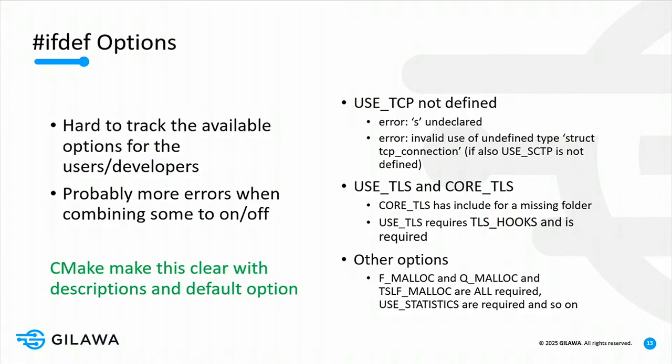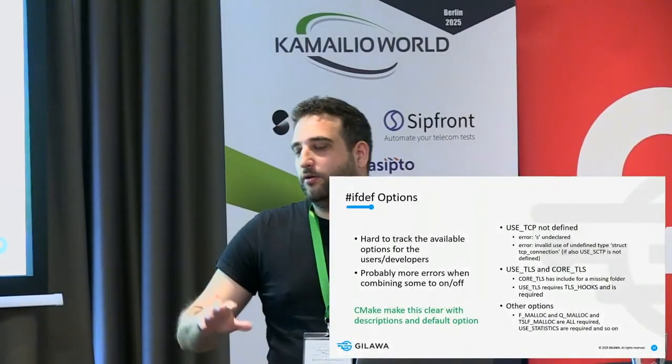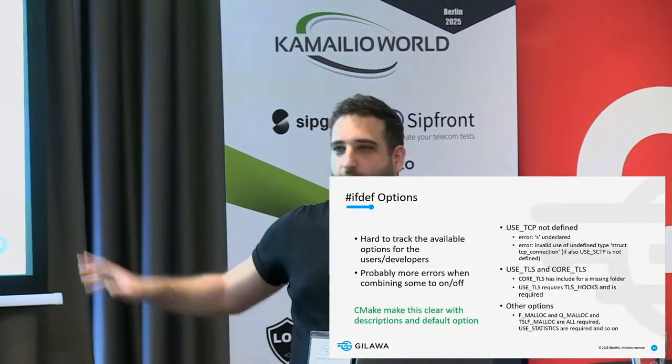For example, if we didn't define use TCP, the first error was that some variable was undeclared, but if use SCTP was also not defined, we get the invalid defined type error. Also, with use TLS and core TLS, if you define core TLS, it tries to include some non-existing folder due to some Makefile definitions that were probably deprecated some time ago, and also some other options that you would think one of them was required, and they are all required.